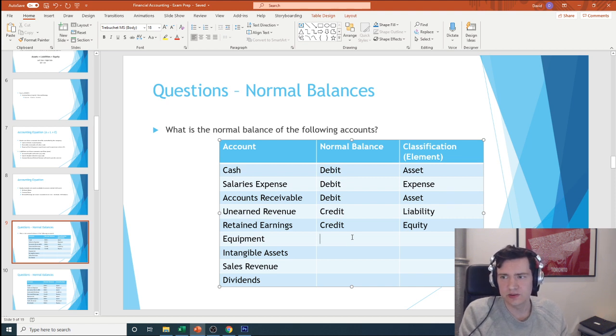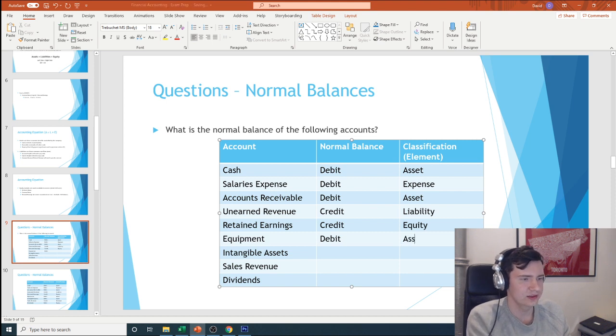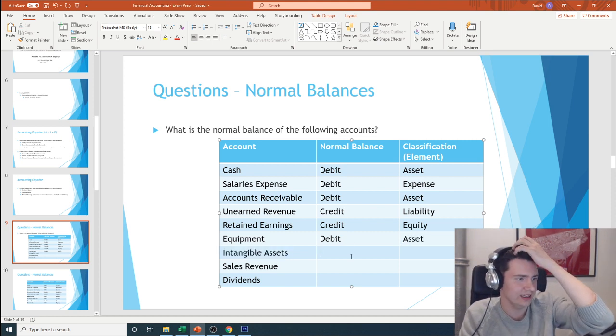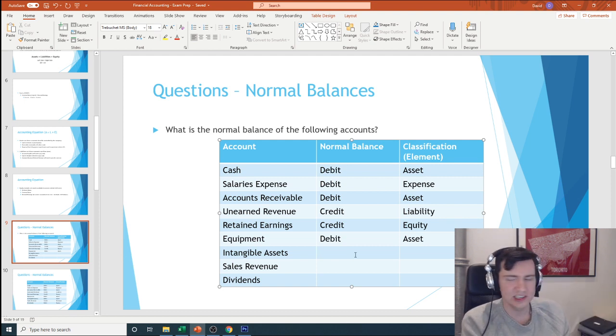Asset and debit. That is correct. Lee's is just killing it. Intangible assets.